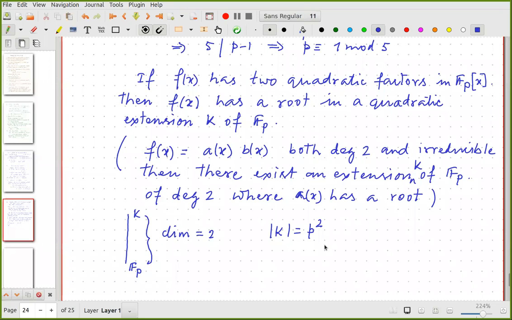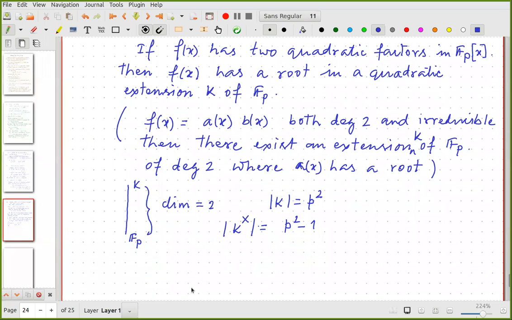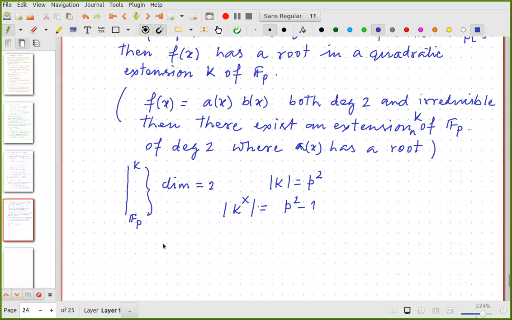So the number of elements... the multiplicative group is going to have order p square minus 1. And we have to also show that 5 cannot divide this.